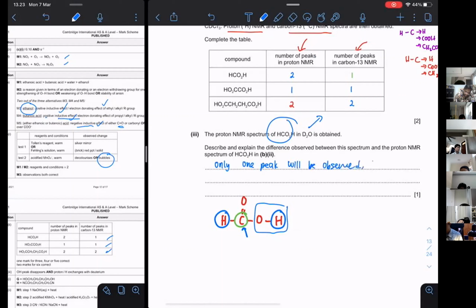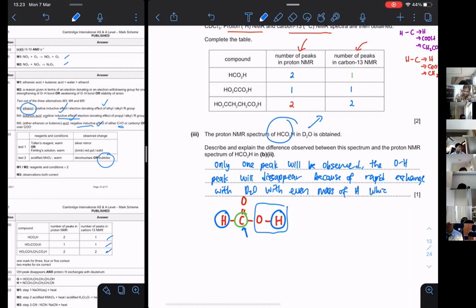The OH peak will disappear because of rapid exchange with D2O, with even mass of hydrogen, which will not give a spectrum.